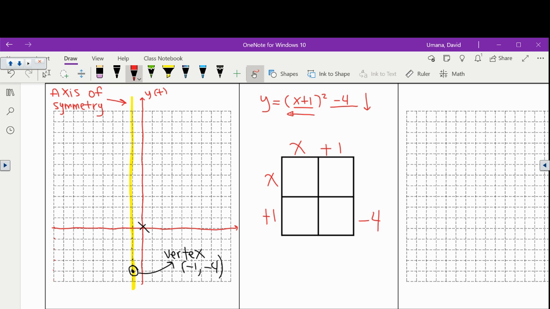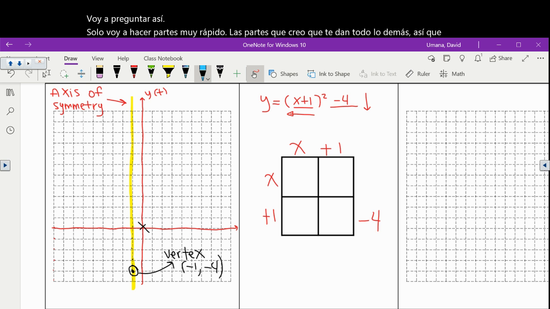All right. So let's take a look real quick. I'm only going to do parts real quick, the parts that I think give you everything else. So the only part I'm going to give you here is the skip counting.